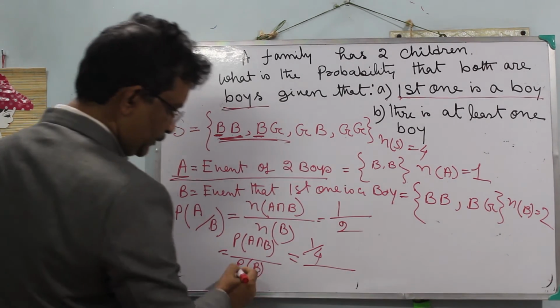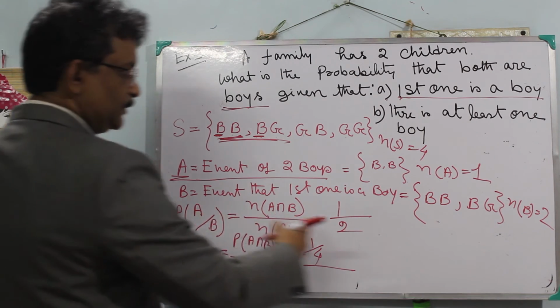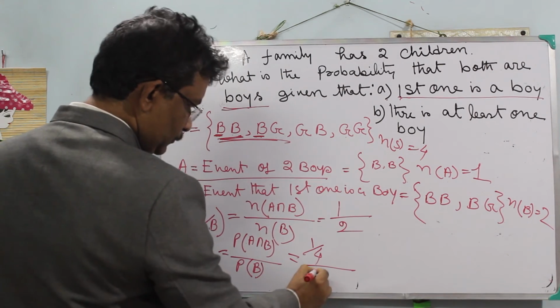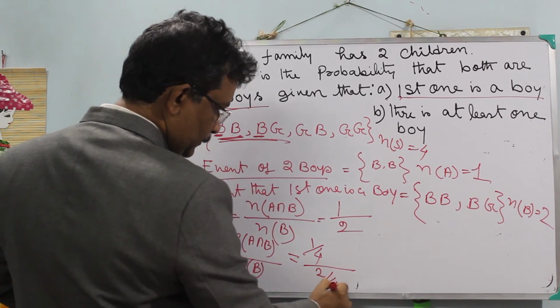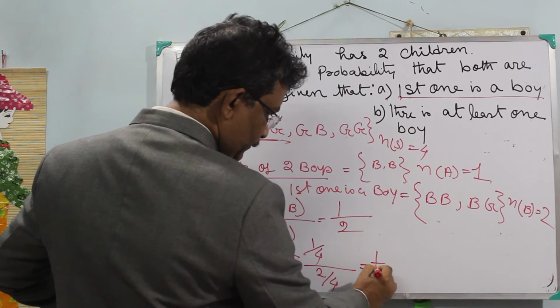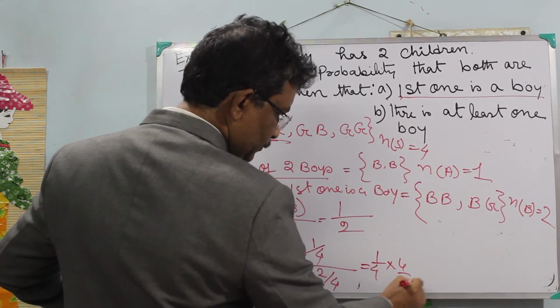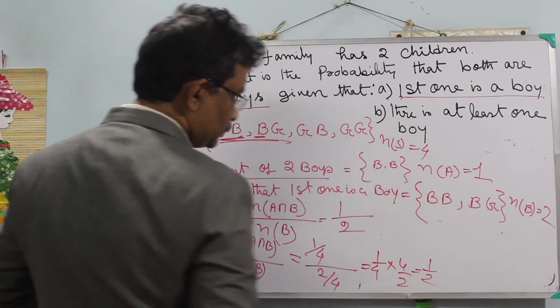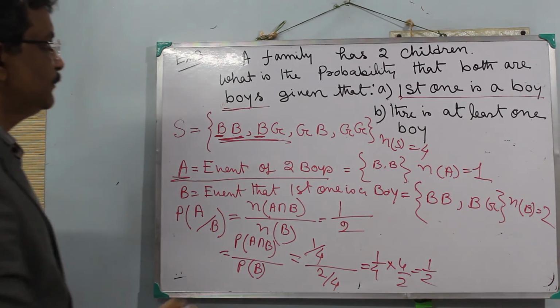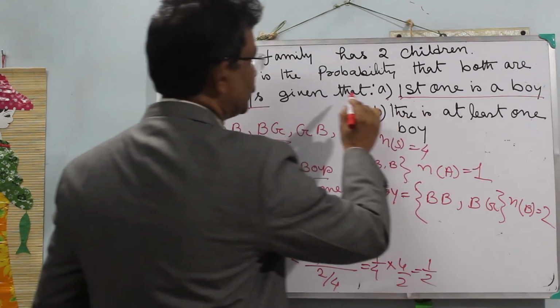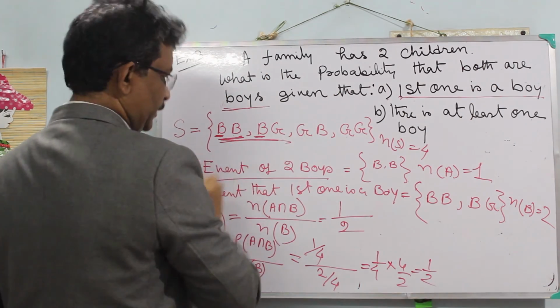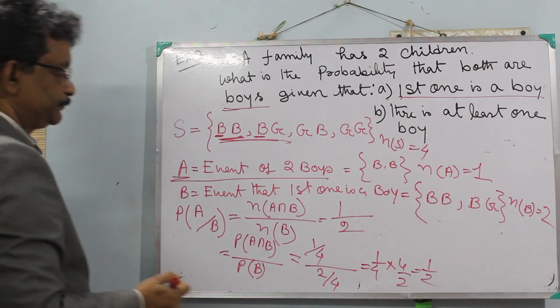And here, the whole divided by probability of B. Probability of B is 2 out of 4, 2 by 4. So this is equal to 1 by 4 into 4 by 2, which is 1 by 2. So for the first condition I have given, the first one is a boy, the probability that both are boys is half.